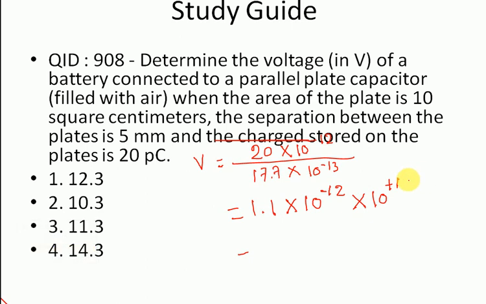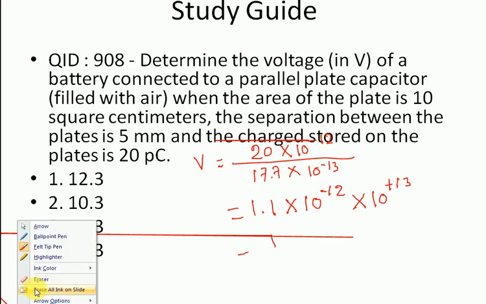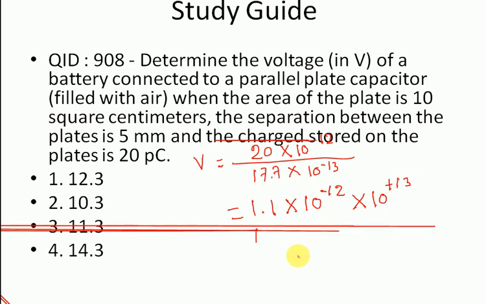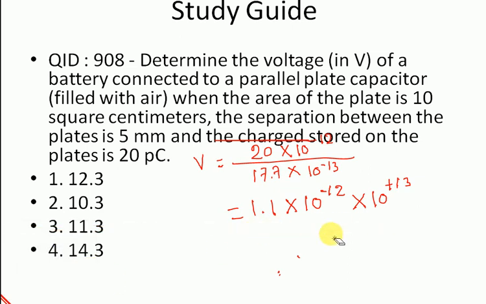So finally it will become 1.1 into 10, that is something like 11 point something.